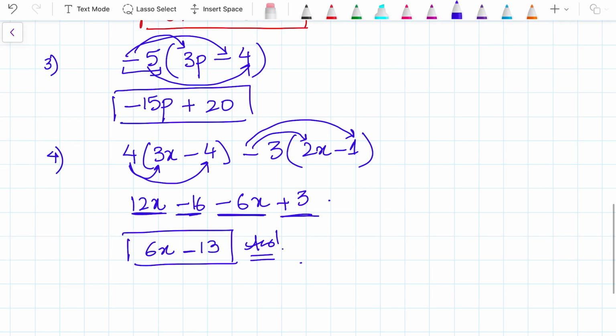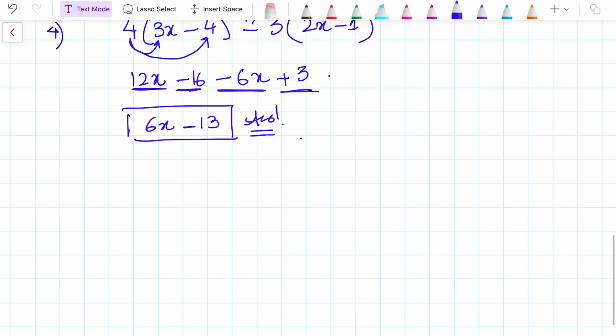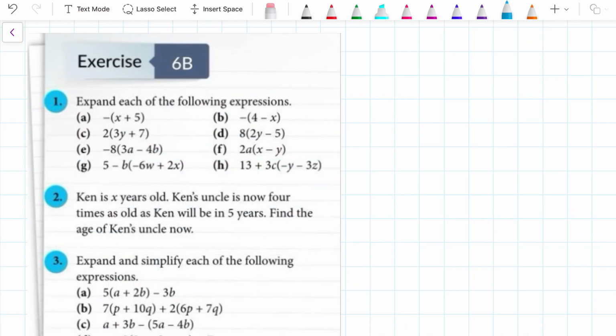Alright, let's do a couple of practice questions from the exercise. Question number 1. 1a. There's just a minus sign outside. Minus x minus 5. B part, same. Minus 4 minus minus is a plus x. Let's do E part.